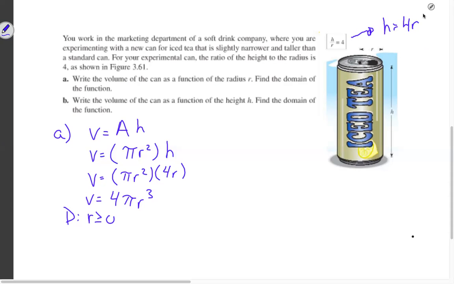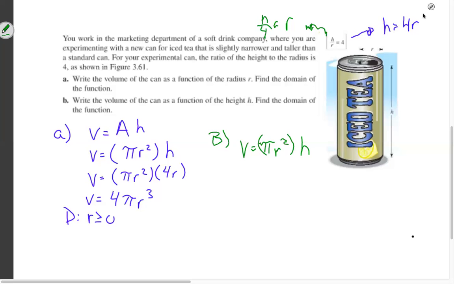Now it says write the volume of the can as a function of the height. This is a little bit trickier. So for B, we have this formula, V equals pi r squared times h, but now it wants it in terms of h. So instead of h divided by r equals 4, I'm going to have h over 4 equals r.